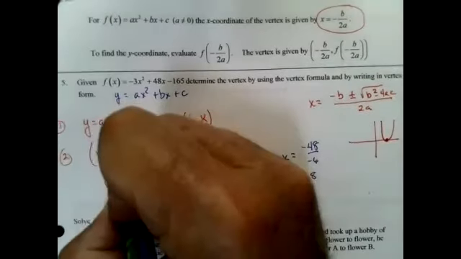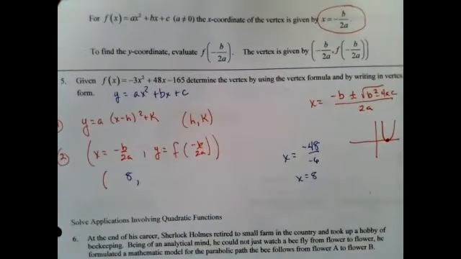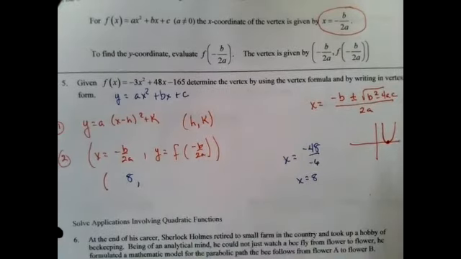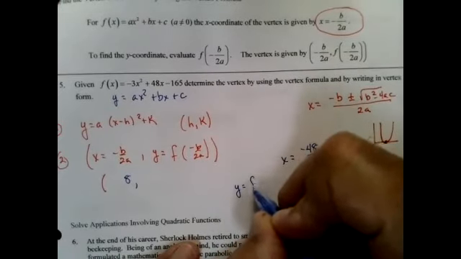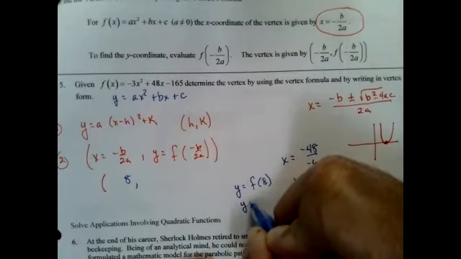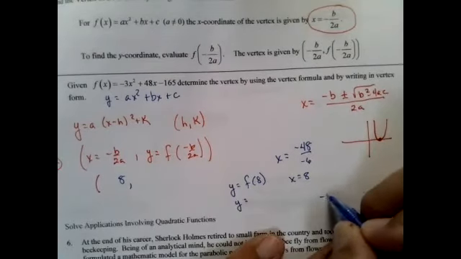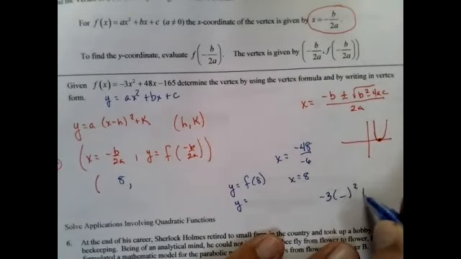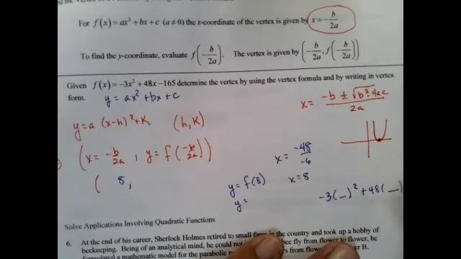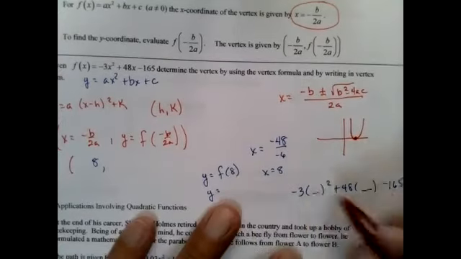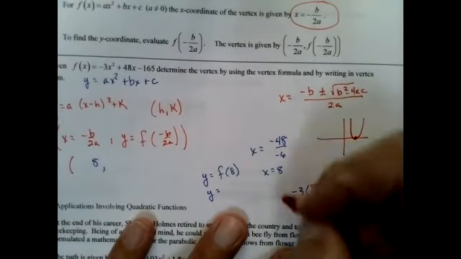I get 8 as my vertex x value, 8. Now I'm going to plug it into my function. So y equals f of 8. It's negative 3 times blah squared plus 48 times blah minus 165, and the blah I'm plugging in is 8. F of 8.